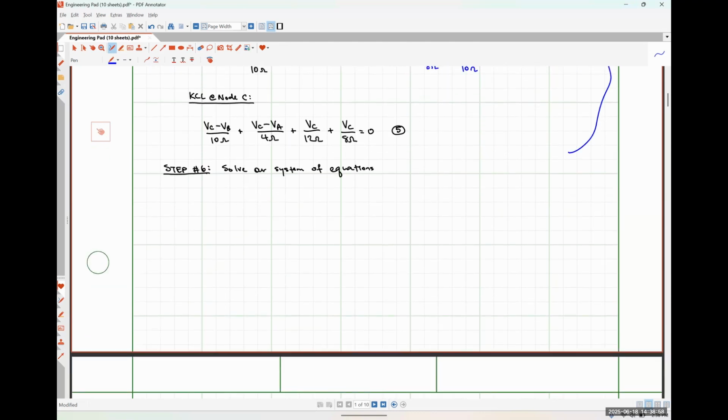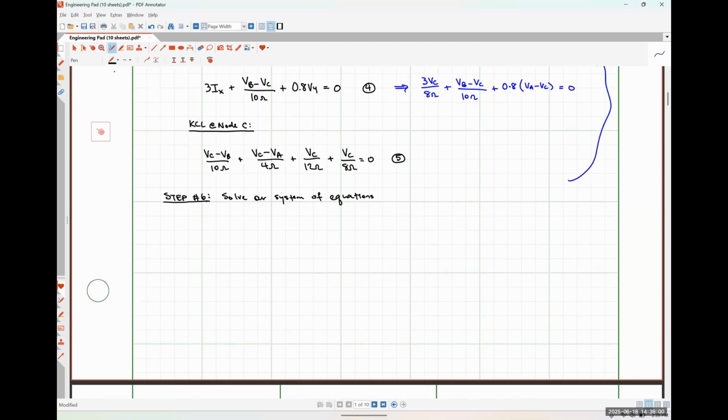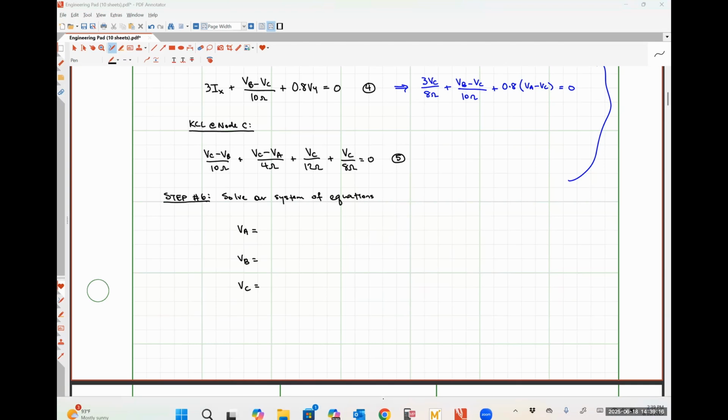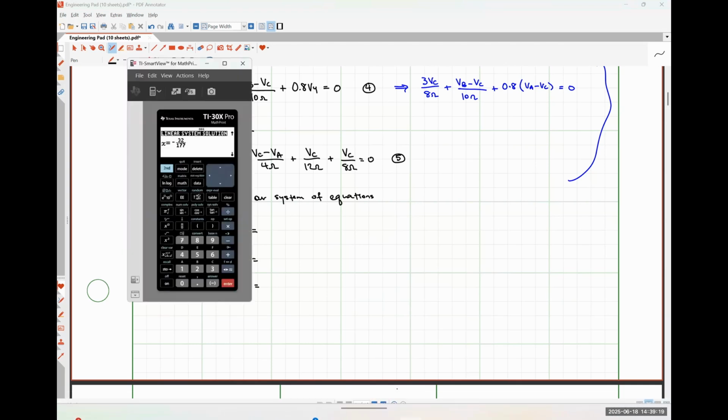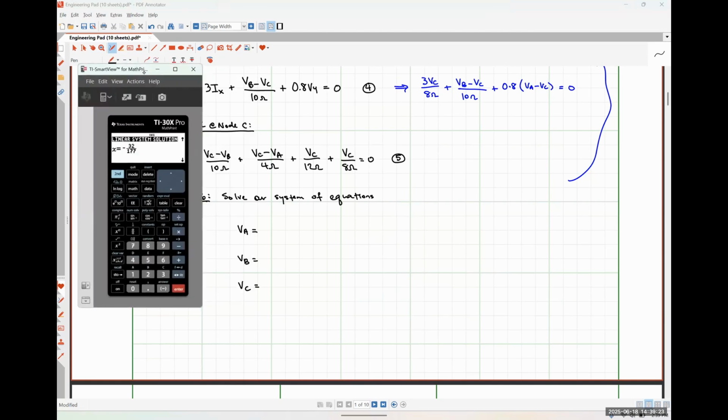Let me scroll down here. So the first thing it's telling me is VA. The next thing it's going to tell me is VB. And then the last thing it's going to tell me is the value of VC. So let me pull that calculator back up so we can look at those. Pull it back up. There we go. So for VA, I had negative 32 over 177.